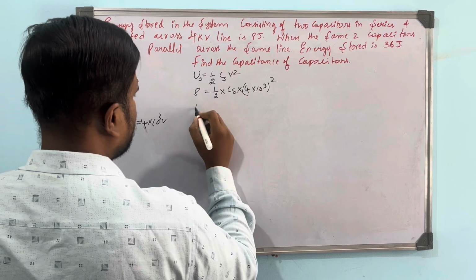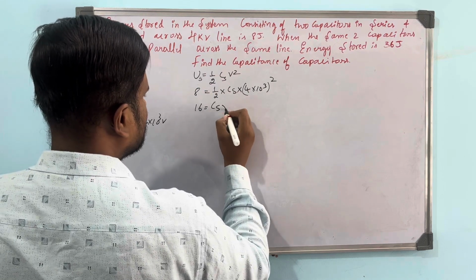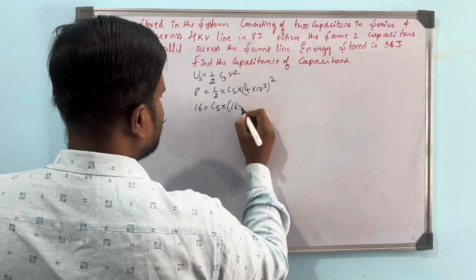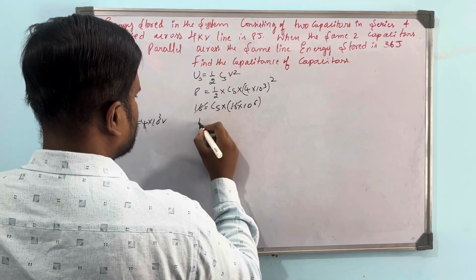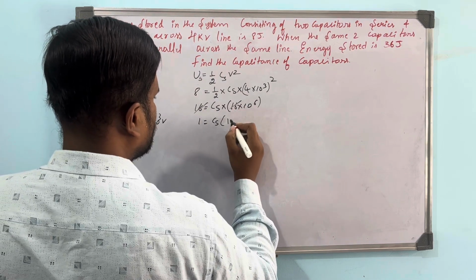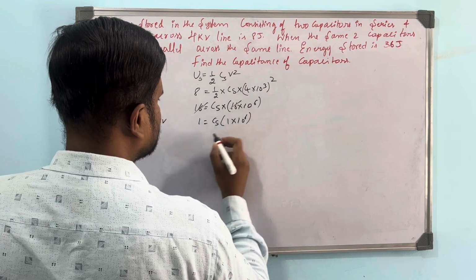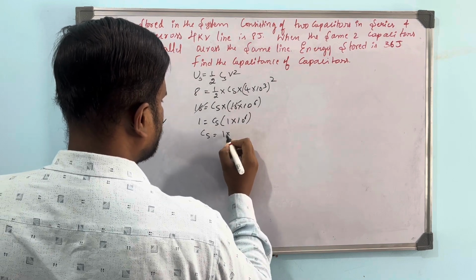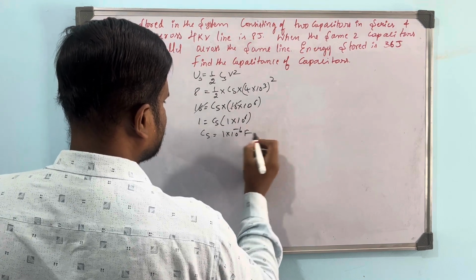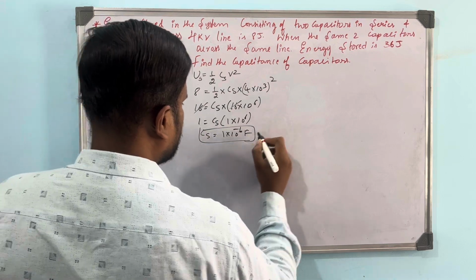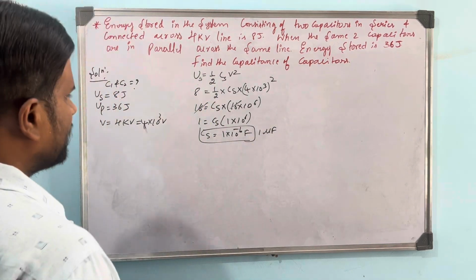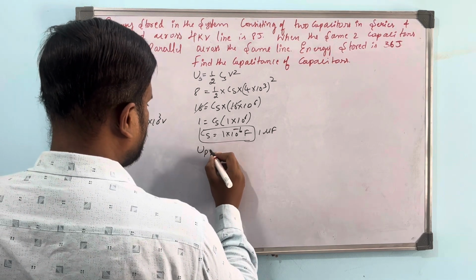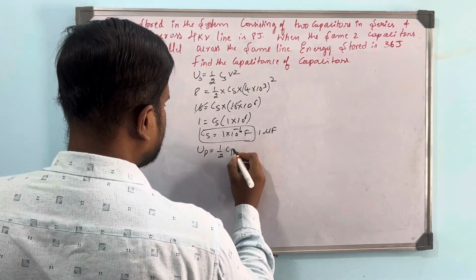So 4 square is 16 into 10 to the power of 6. So CS becomes 1 into 10 to the power of minus 6 farad, or 1 microfarad.